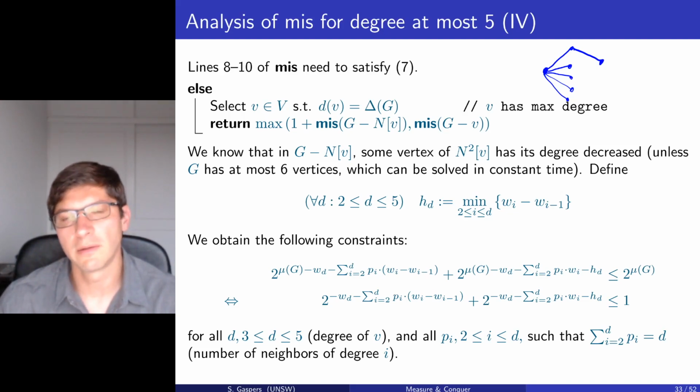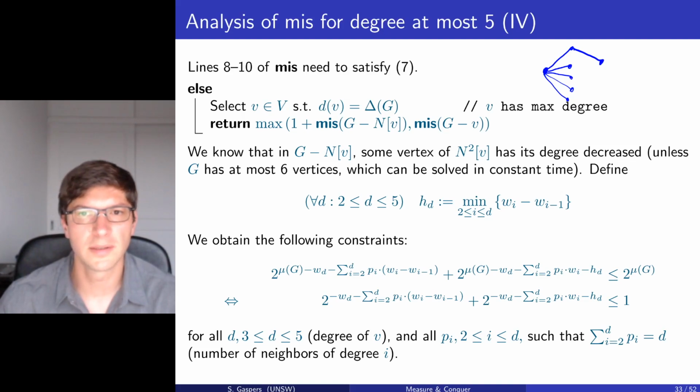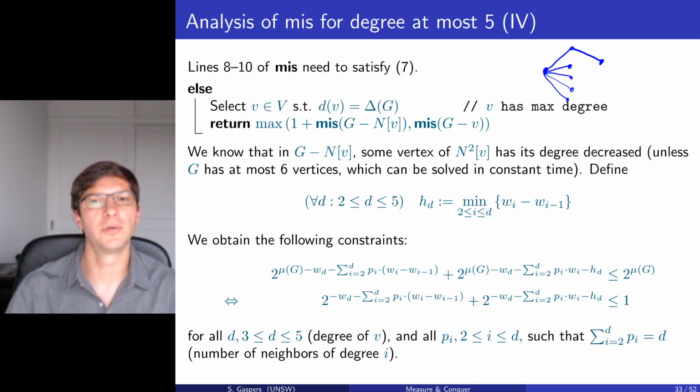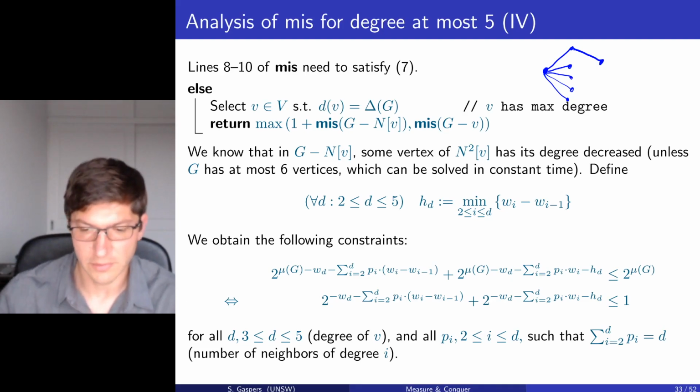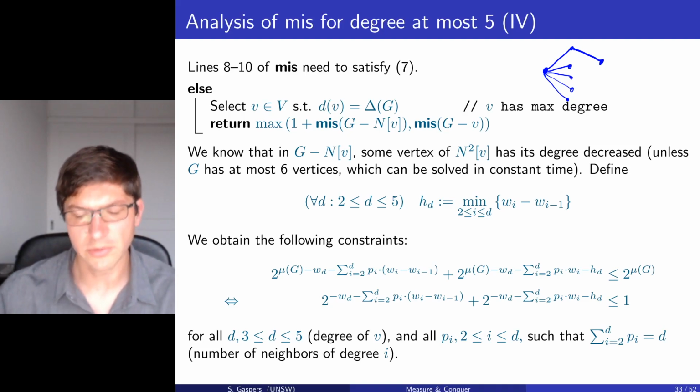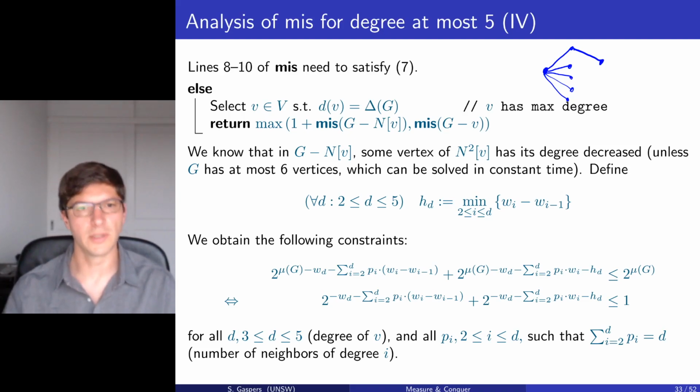So that's the only thing we're going to use. We know that there's more edges going from the first neighborhood to the second neighborhood, but we are just using this for one vertex. So this one vertex has degree between 2 and 5, and so its degree decreases. But we don't really know what its degree is.